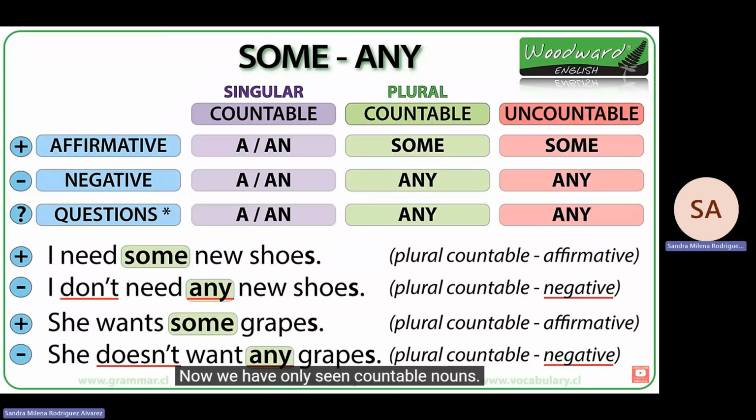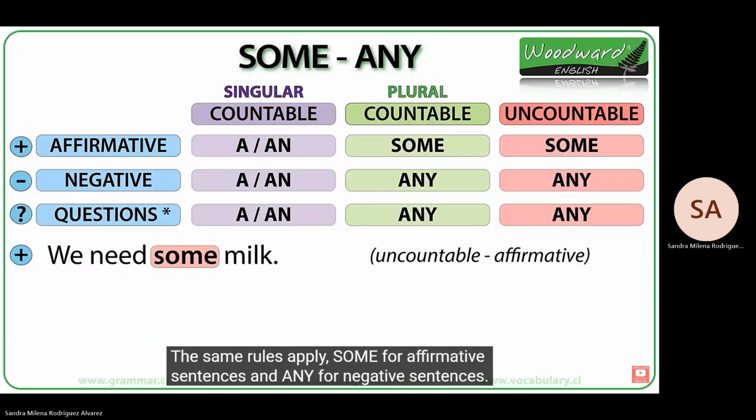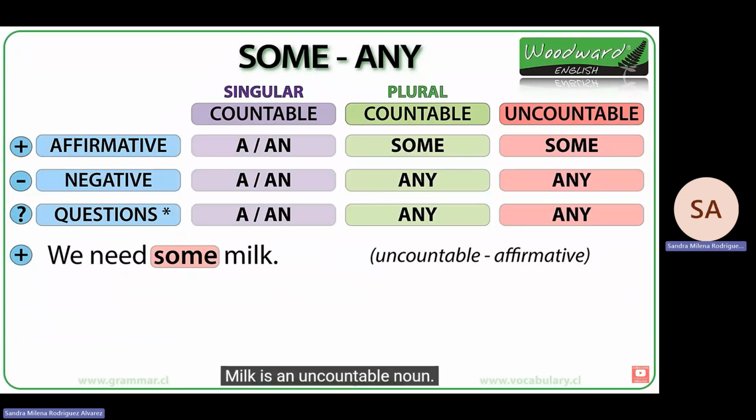Until now, we have only seen countable nouns. With uncountable nouns, we also use some or any. The same rules apply: some for affirmative sentences and any for negative sentences. Milk is an uncountable noun.